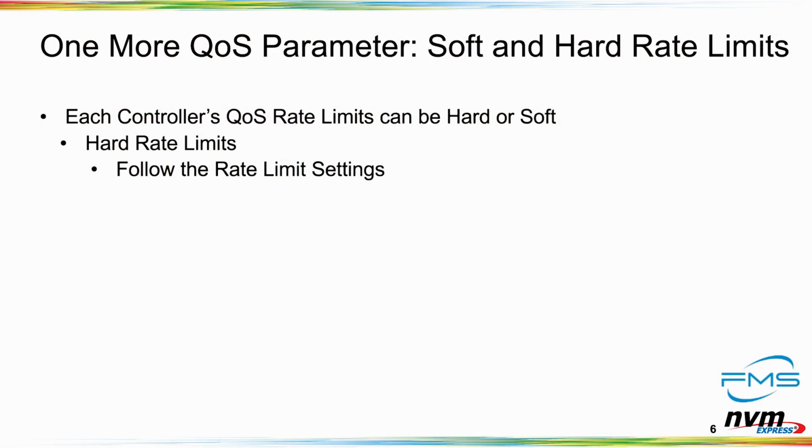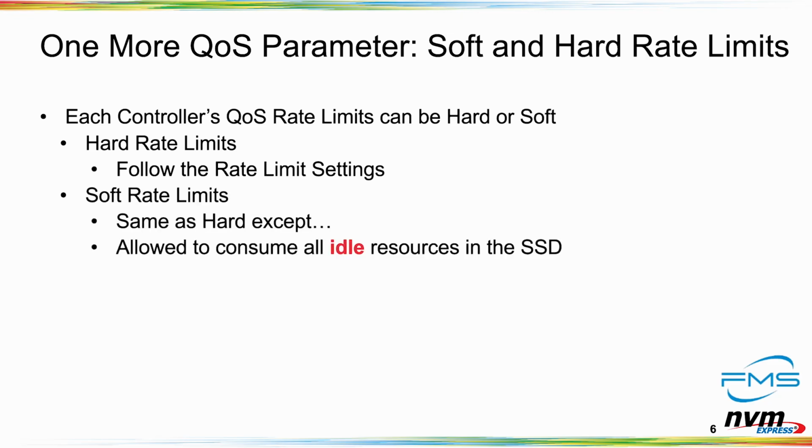If those QoS rate limits for that particular controller are hard, then this is the normal scenario that is very easy to understand. Earlier I had an example that said 50 megabytes per second. You will find that controller is only allocated 50 megabytes a second, and it's very simple and intuitive for hard.